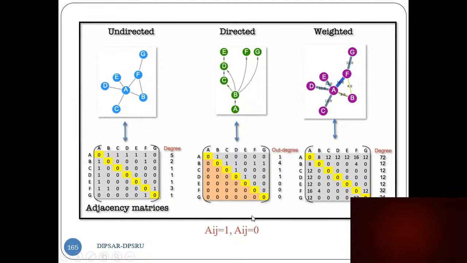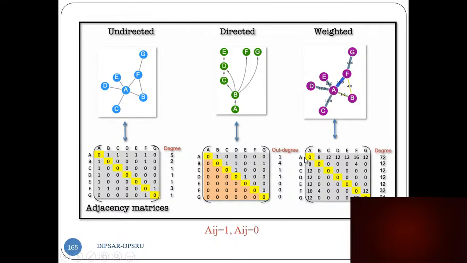We use 1 or 0 when there is no weightage between the nodes: if there is a connection, I give 1, whether the connection is between this node and that node or whatever it is; if there is no connection, I give 0. But when weightage is already provided, I know this connection is stronger, this one is weaker, so I have to convert into the adjacency matrix according to that.